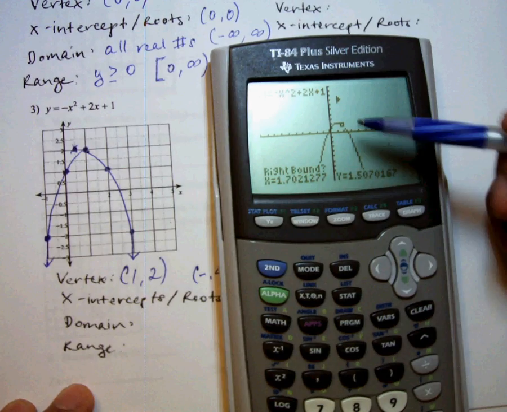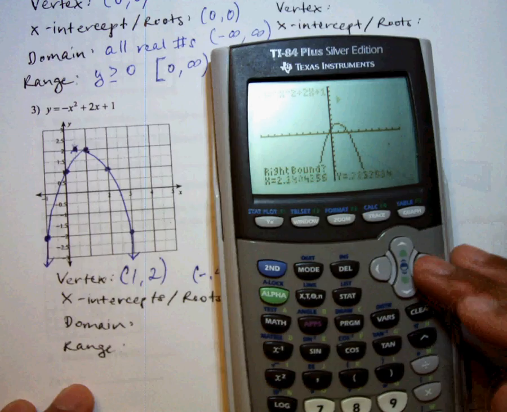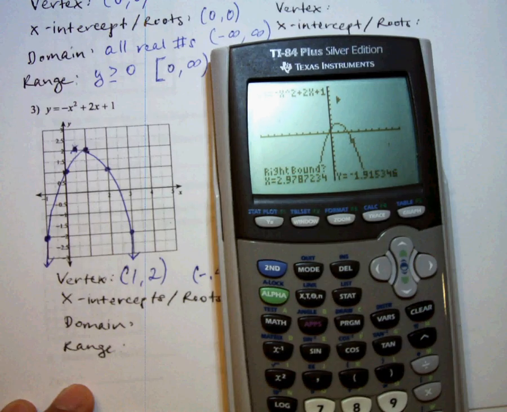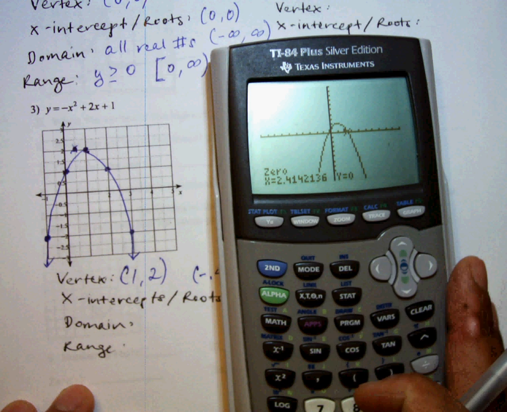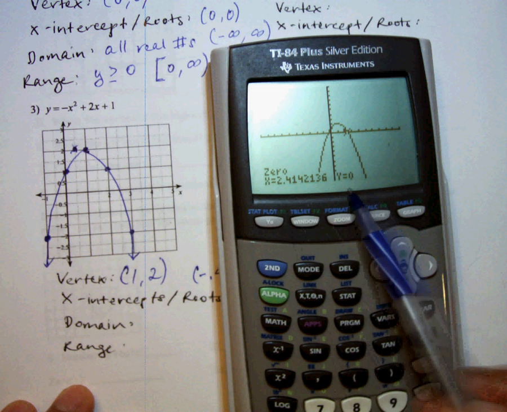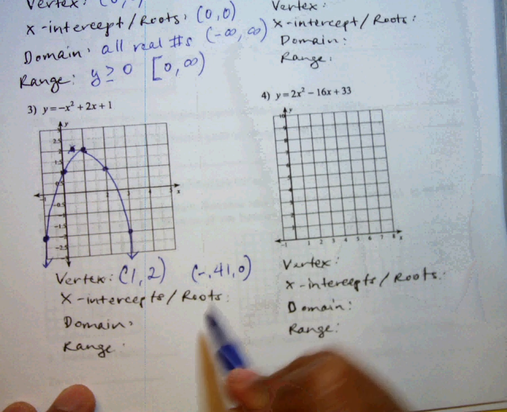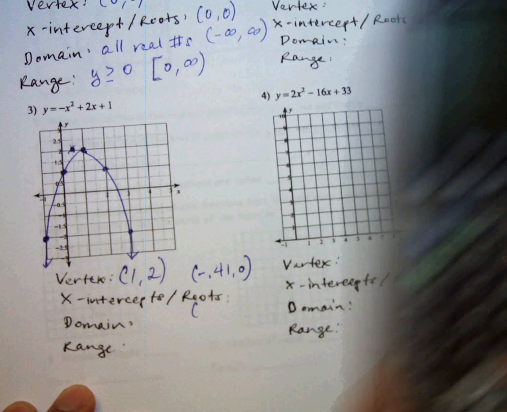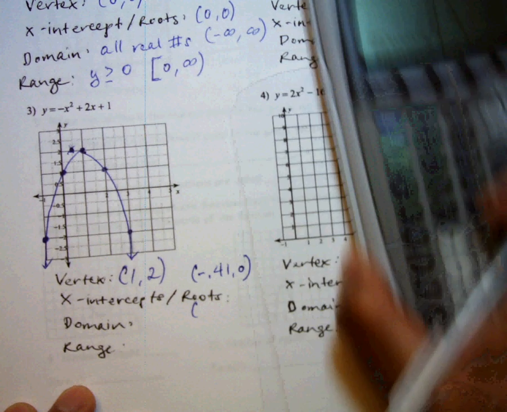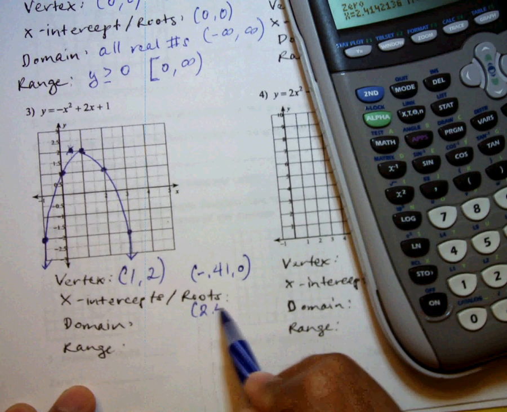I'm going to go to the right bound, but instead of above, it's now going to be below. Right there. It doesn't matter where you put it, it has to be below. Press enter, and it says guess, you press enter again. And then here's your other one. So it's 2.41, comma 0, and that's your other root.